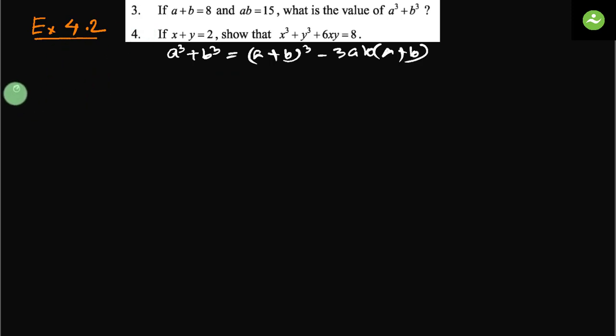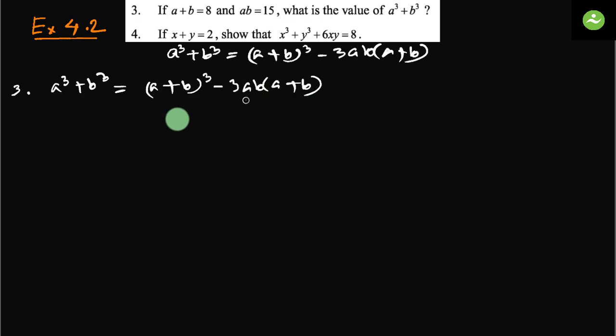Number 3. Find the value of a cube plus b cube. A cube plus b cube equals, according to this corollary, a plus b whole cube minus 3ab into a plus b.